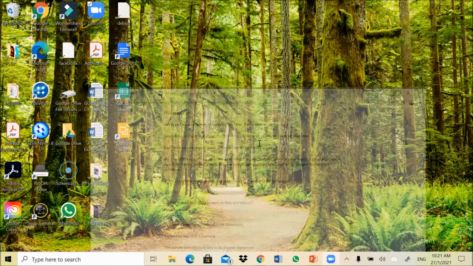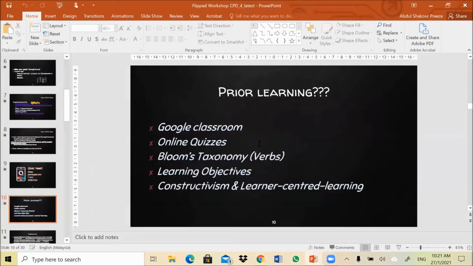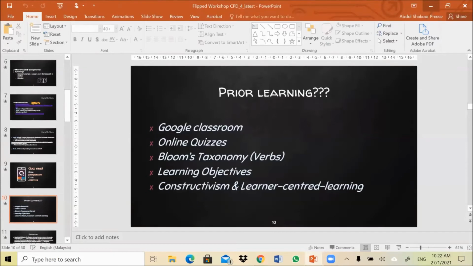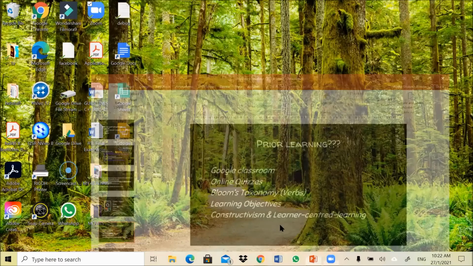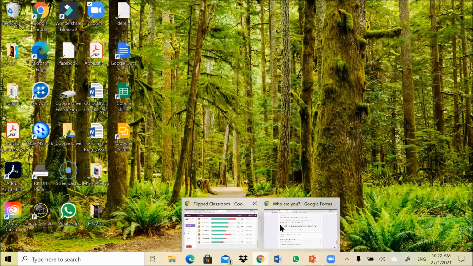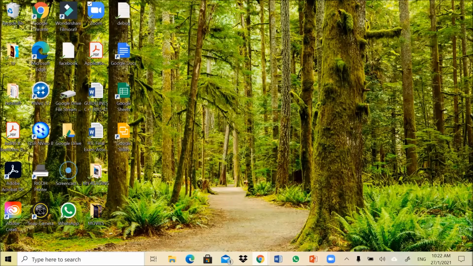So I'm not going to talk about Google Classroom or online quizzes. Bloom's taxonomy, it's not rocket science. It's quite commonly known. But what we normally do is go online and find a visual.